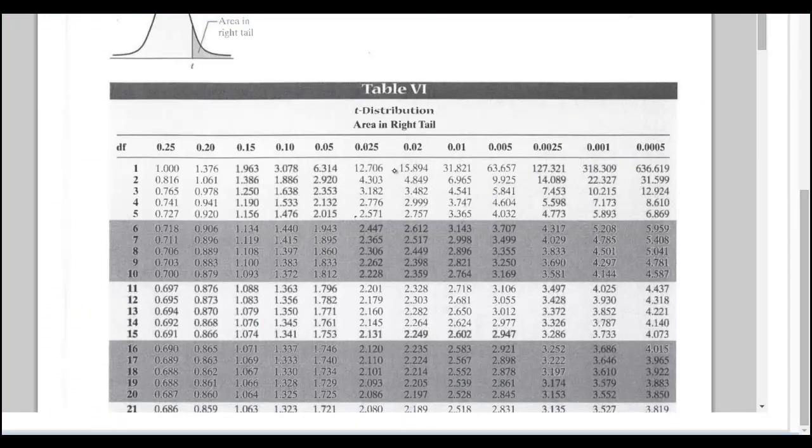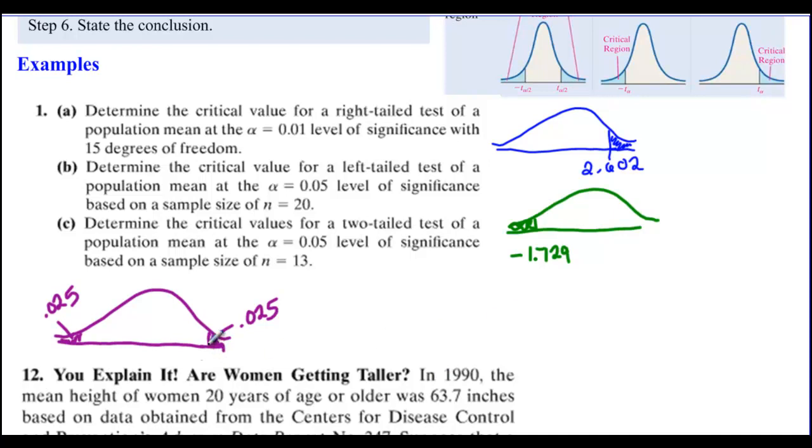So we've got 0.025 is the area in each tail, and then a sample size of 13 means 12 degrees of freedom. So we're going to get 2.179. And then using symmetry, we know that this one's going to be negative 2.179.